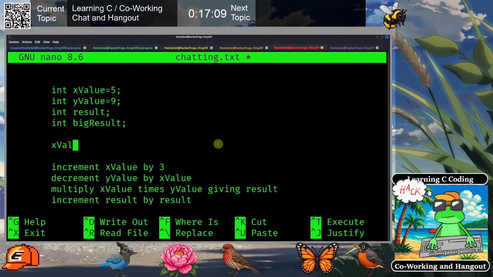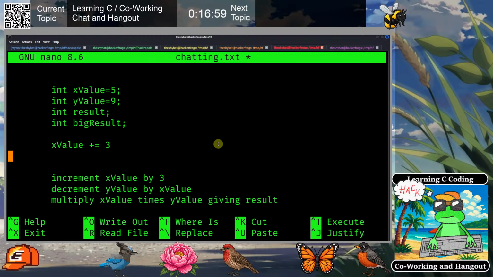So x value plus equals 3, like this. And then decrement y value by x value. So this would be y value minus equals x value.